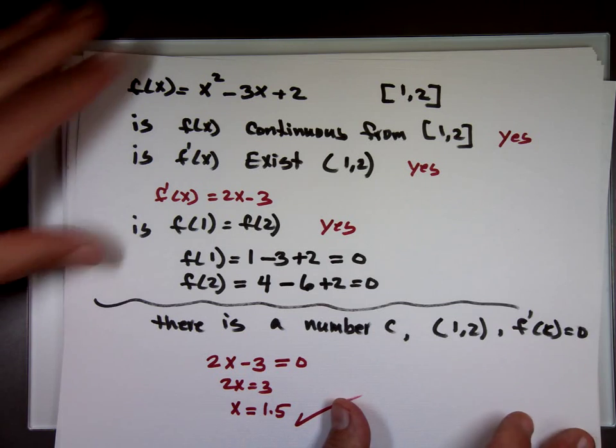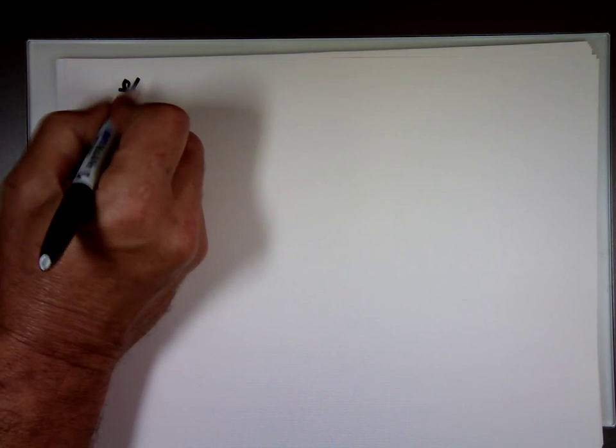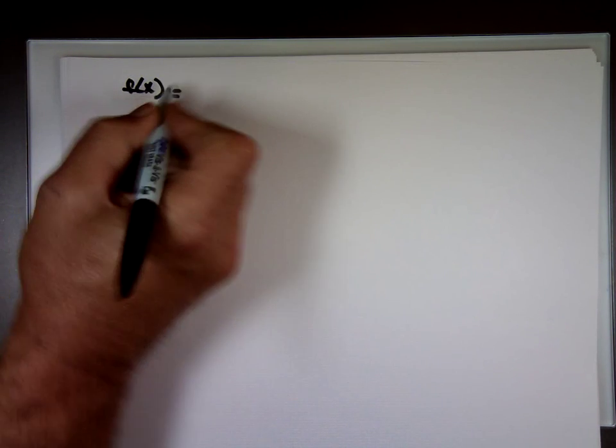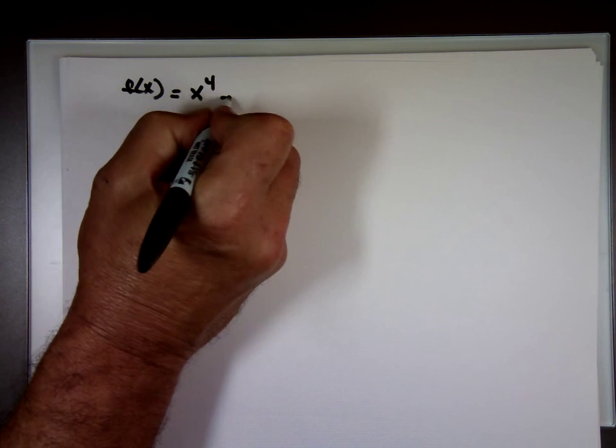Let's try another one quickly. f of x equals what? x to the fourth minus 2x squared.